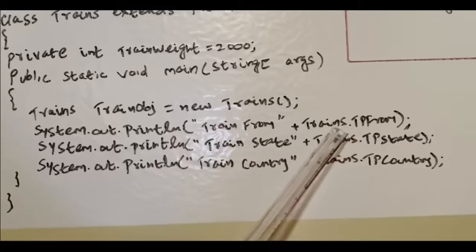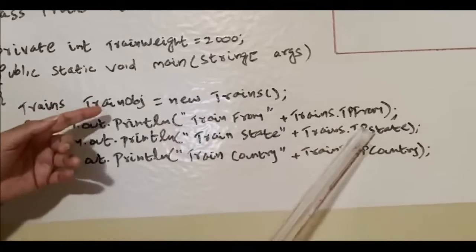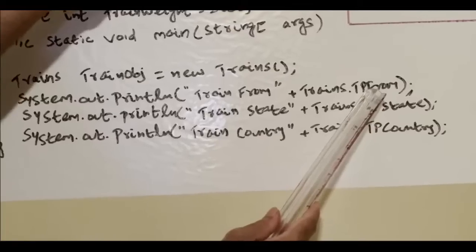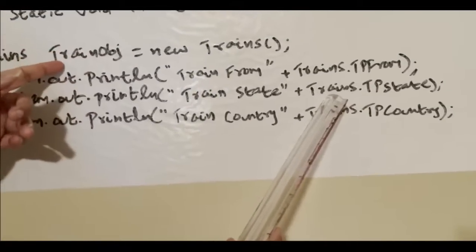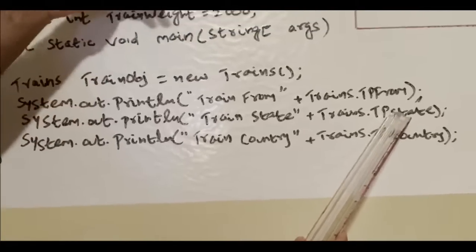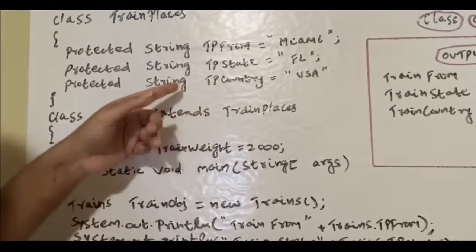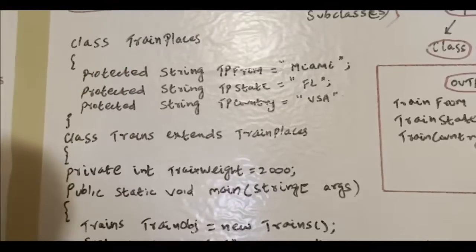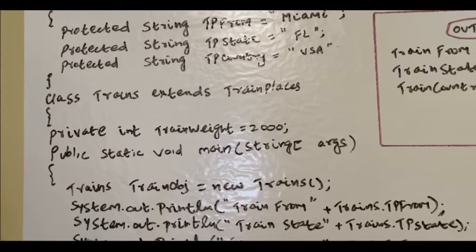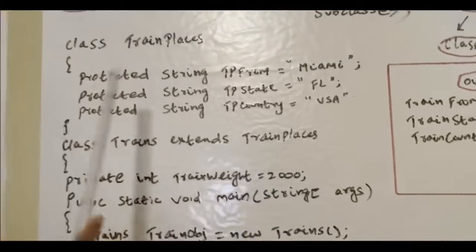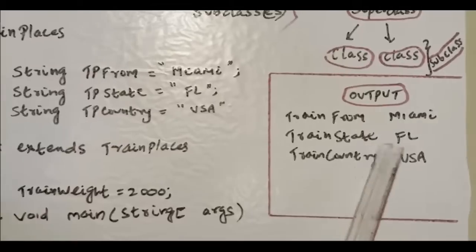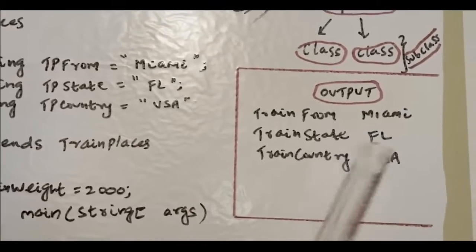Train from trains, which is the object, the train from variable, TP from. So this is the train object. Trains.tp, state, country, likewise from train places. So this is the general configuration of how to use protected within the program. The output is train from Miami, train state Florida, train country USA.